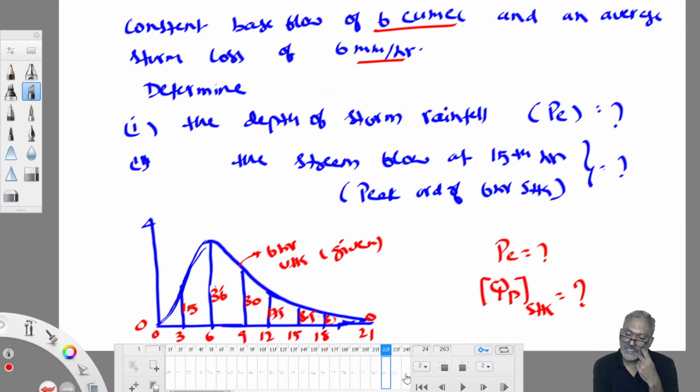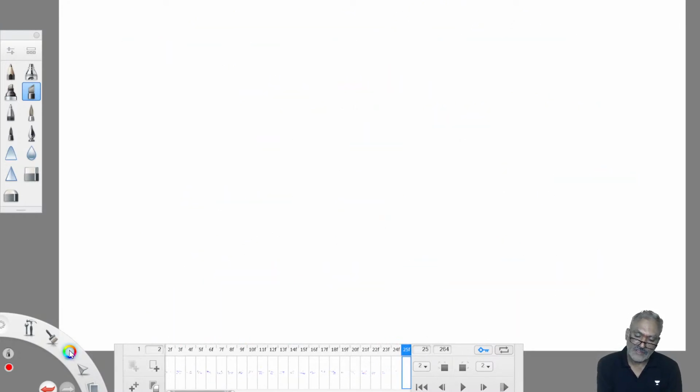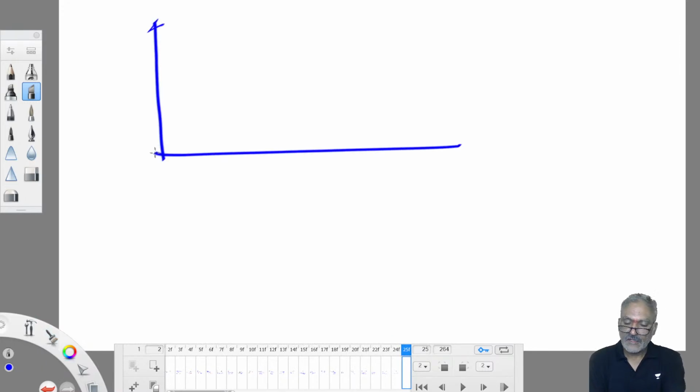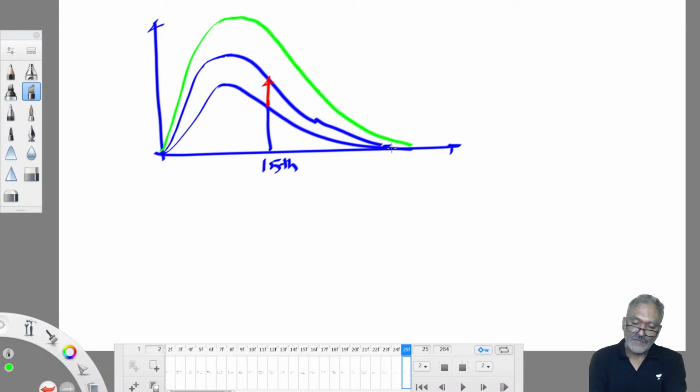The stream flow at 15th hour. So at the 15th hour you have been asked to find out the stream flow, that is stream discharge. So stream is carrying flood discharge. If you know the ordinate of the unit hydrograph at the 15th hour time interval, then you can also find out the ordinate of the direct runoff hydrograph at that time interval. Then from this you can find out the ordinate of the flood hydrograph at the 15th hour.